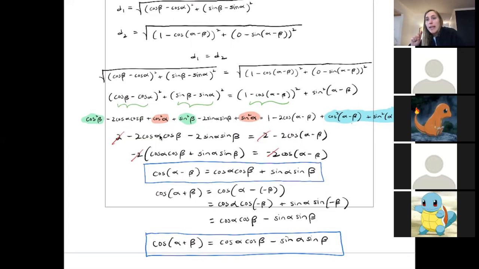But you'll see that once we know the angle sum and difference identities, then deriving the double angle identities is going to be a piece of cake. So if you were to, for some reason, forget what the double angle identities are, but you remember the sum identities, then you can, boom, just derive the double angle identity.